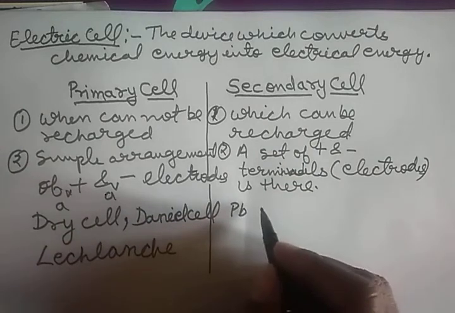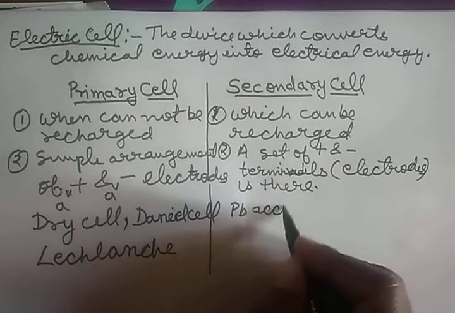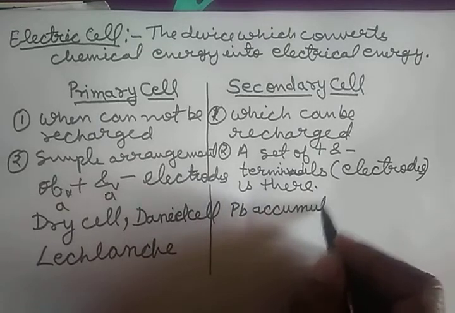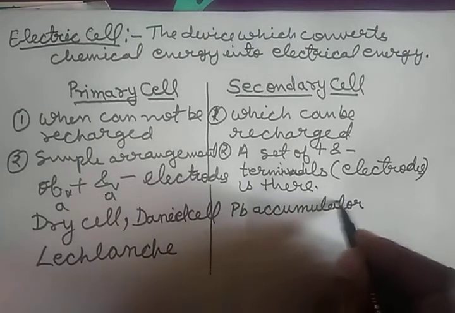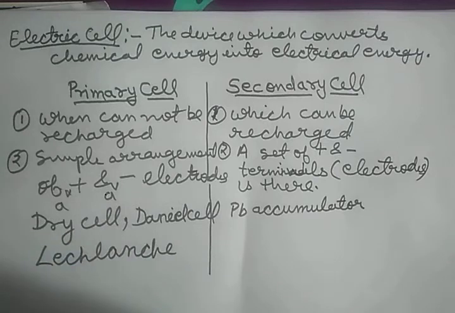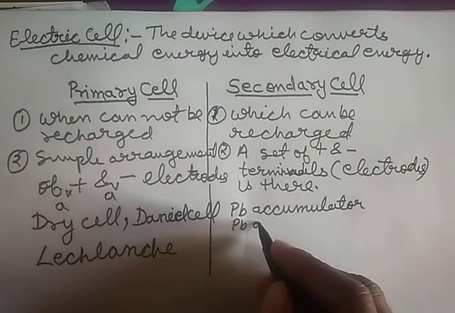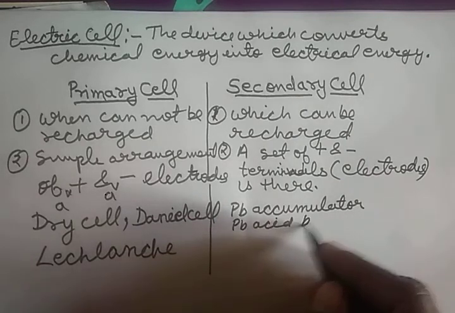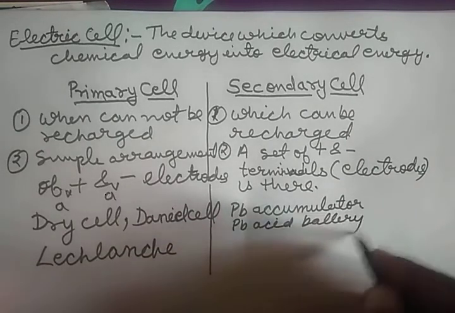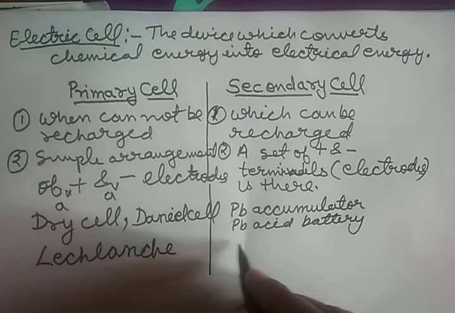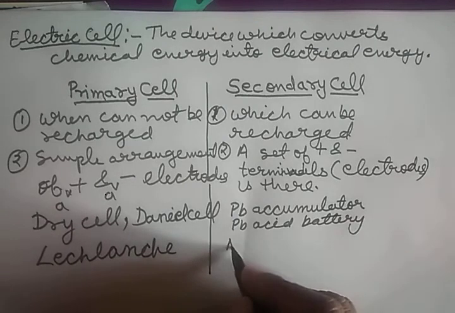So here example is lead accumulator, which is also called lead acid battery. And also nowadays nickel cadmium batteries.